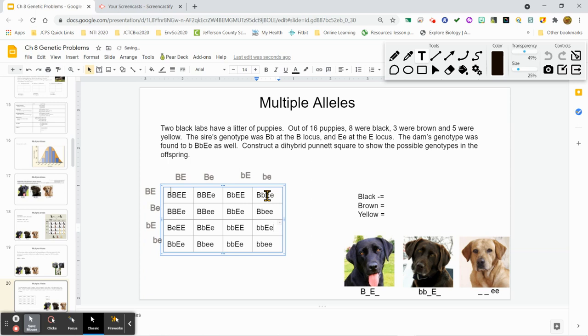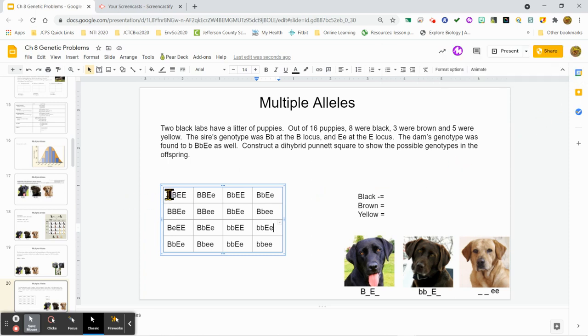Okay. So what ones must be black then, I'm going to get rid of this. But we have the crosses now.